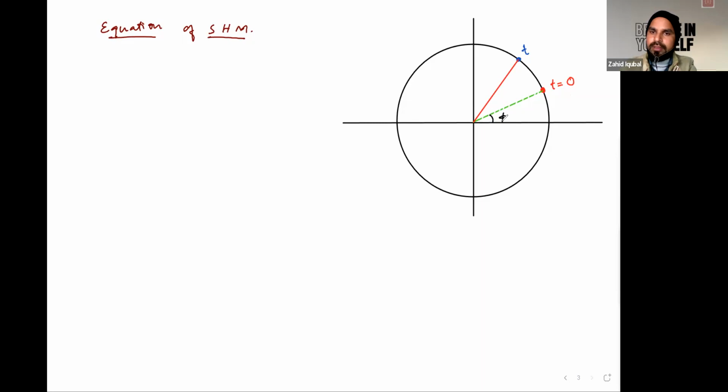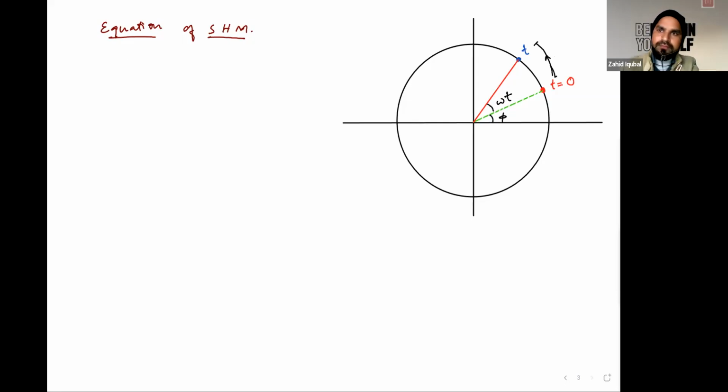Let's say this is phi. On rotation from this point to this point at constant angular velocity, the angle described will be omega t. So total inclination of this point will be omega t plus phi.